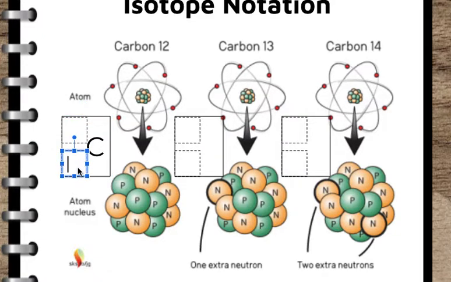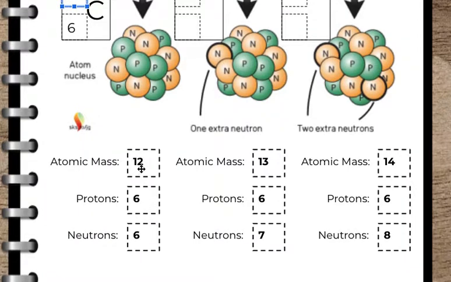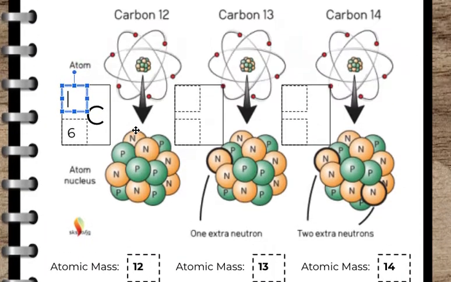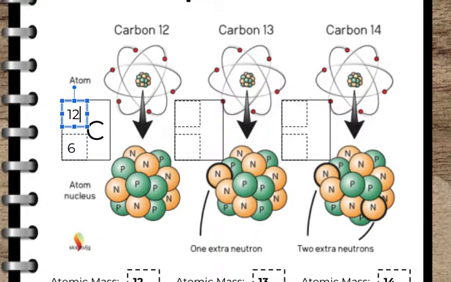And then to the left and bottom of this tile, we're going to write in how many protons are included in that nucleus, in that atom. And then in the top left corner, because this is carbon 12 and our atomic mass is 12, we're going to write a 12 in this top left corner here.